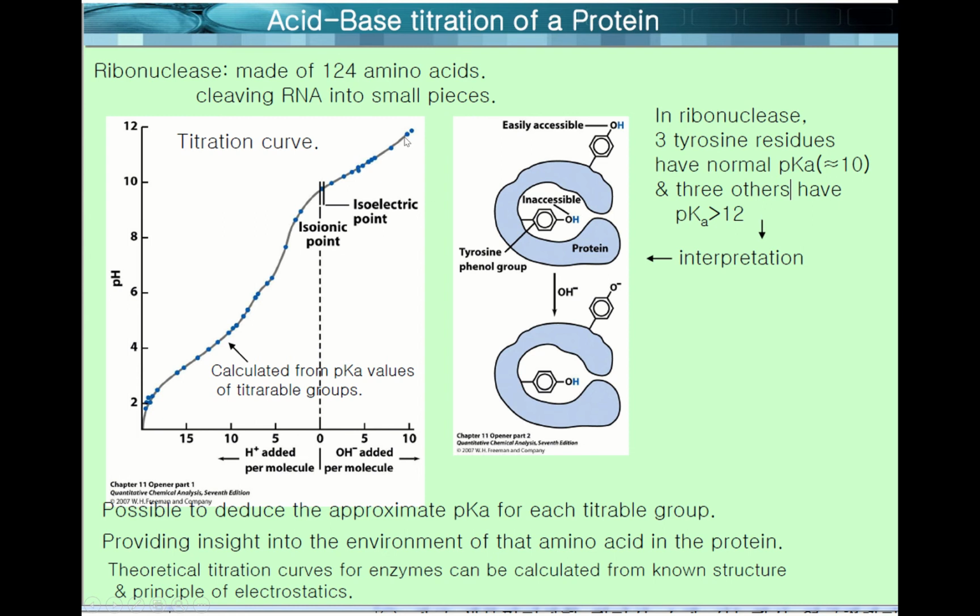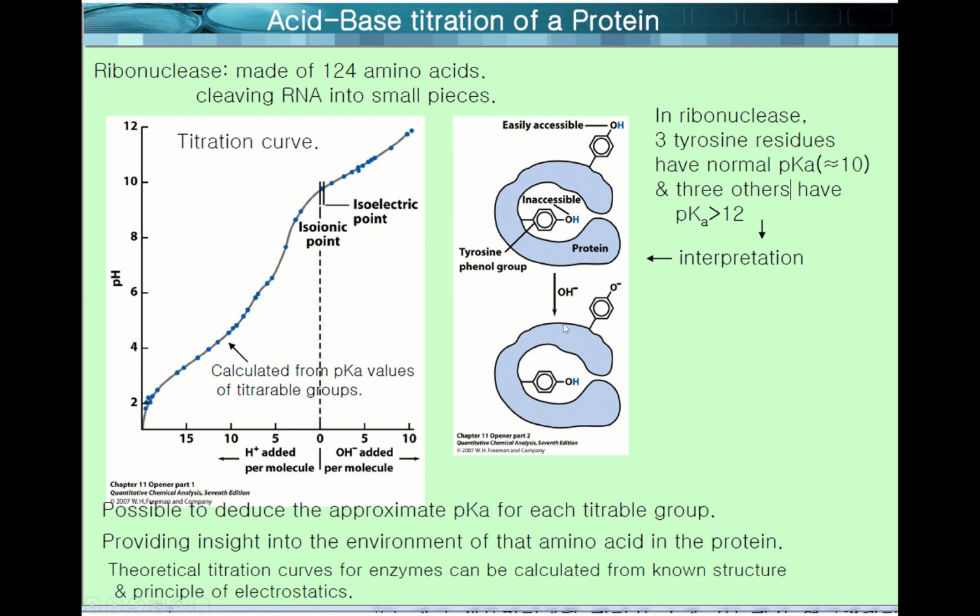And this line was calculated from pK values of titrable groups of amino acids that are constituents of ribonuclease. Although there are many amino acids, theoretically it is possible to construct this kind of titration curve using these experimental data.